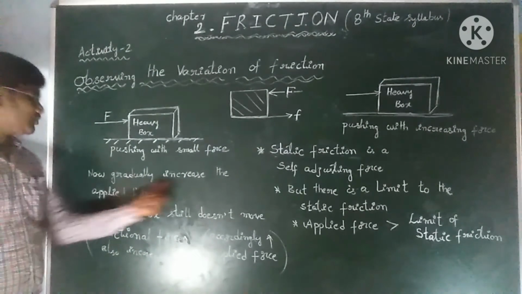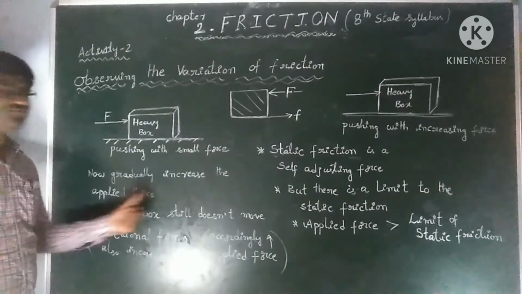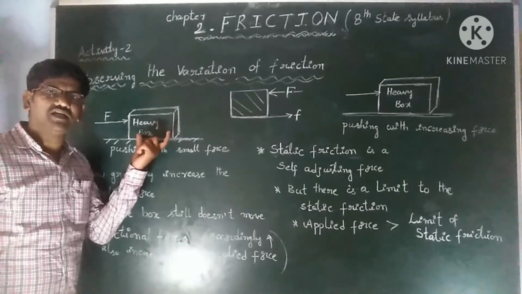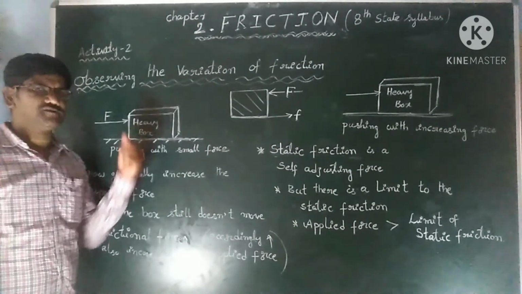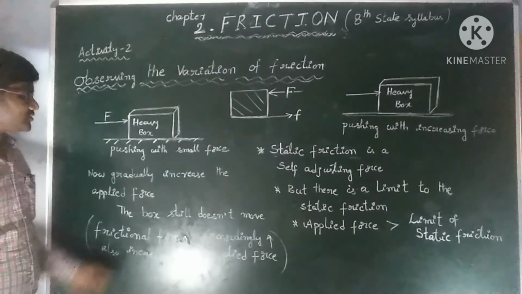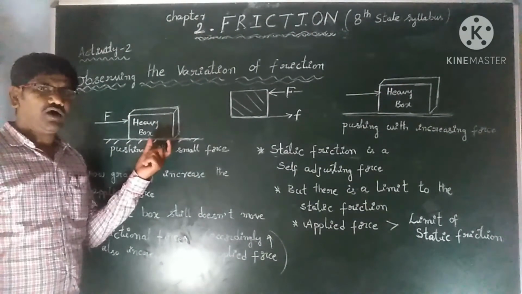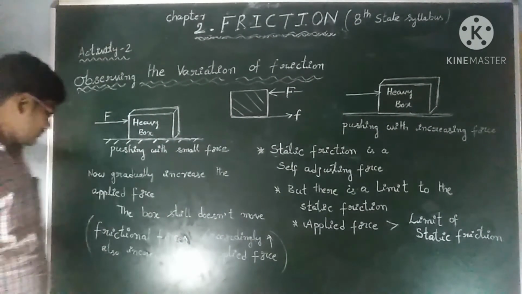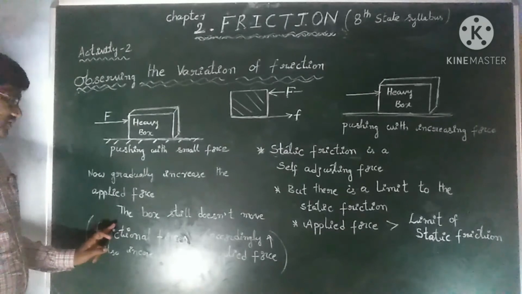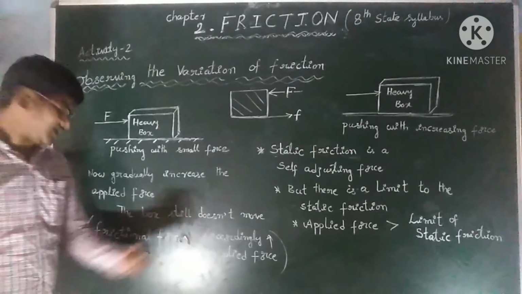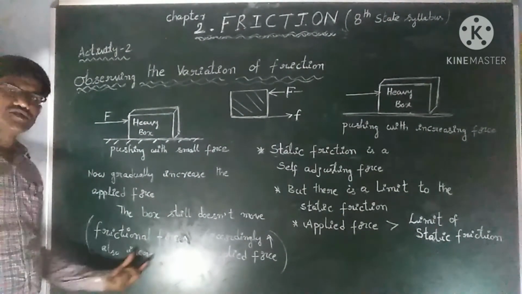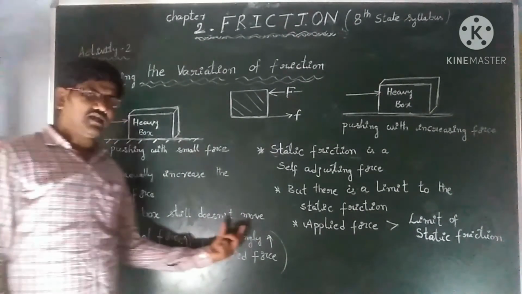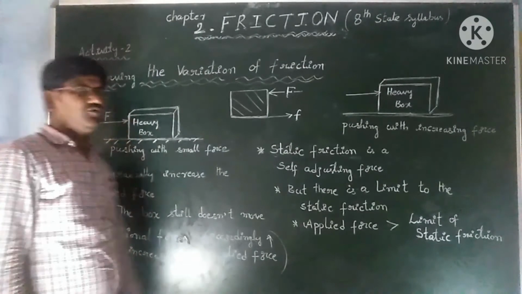Now gradually increase the applied force. Now we are pushing this heavy box with increasing force. Still the box does not move. Why? The box still does not move because the frictional force also increases accordingly with the applied force.